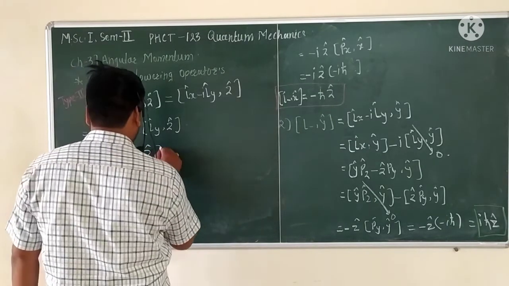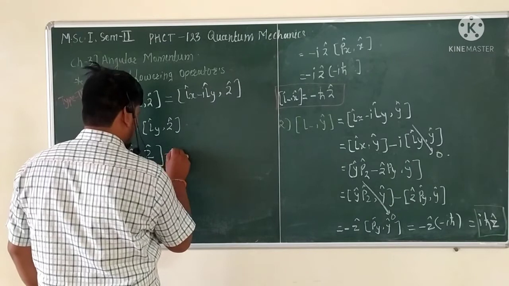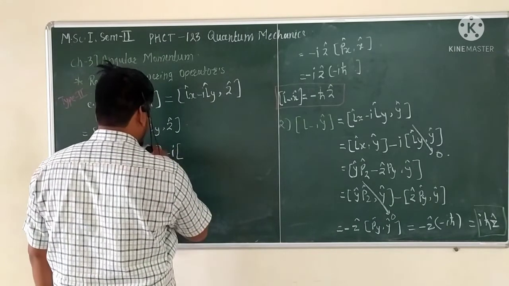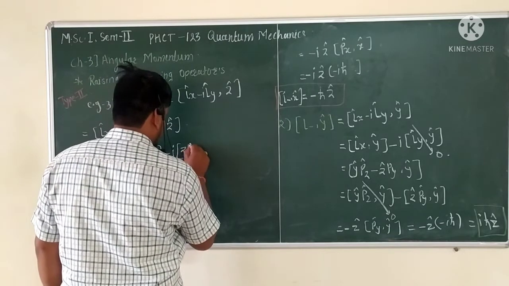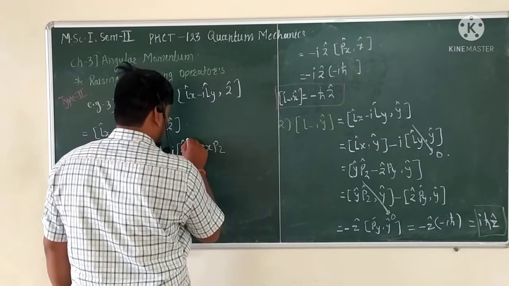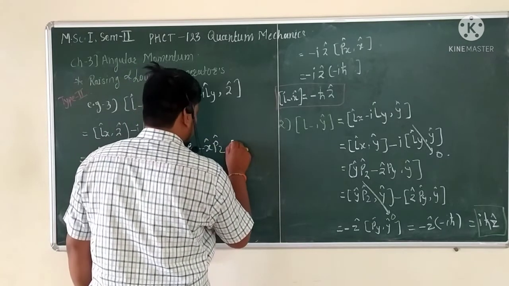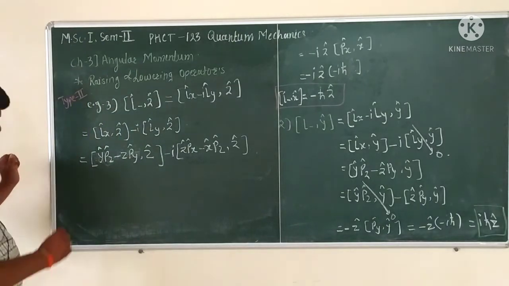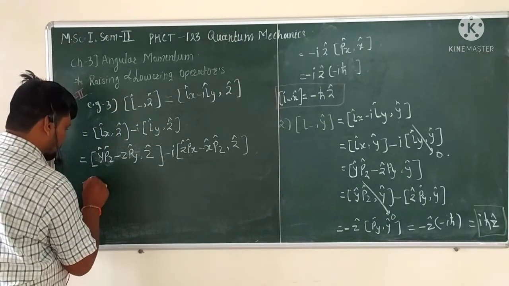Again the minus sign is there, so this minus i, and if you solve this, Ly is nothing but z px minus x pz, comma this z cap. Okay, again split this commutator bracket, so we have to solve this.